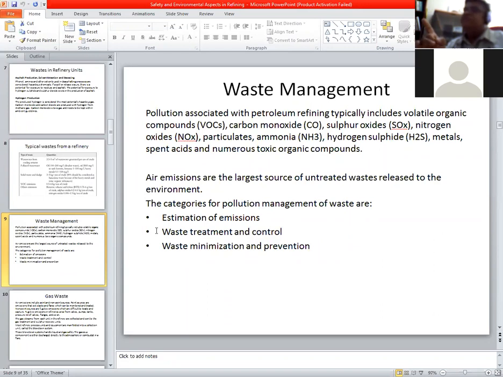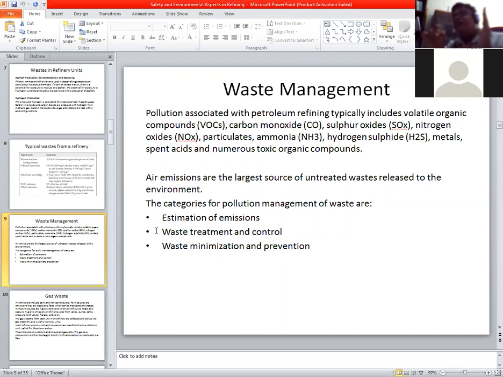One technique of waste minimization is to keep the catalyst activity, meaning that regeneration has to be done very properly. All the process variables should be maintained very properly, because if the catalyst becomes deactivated or is not regenerated properly, first, yield will be lower.